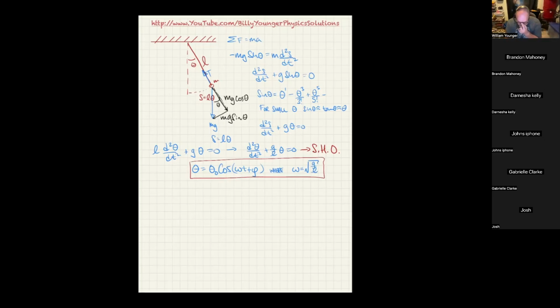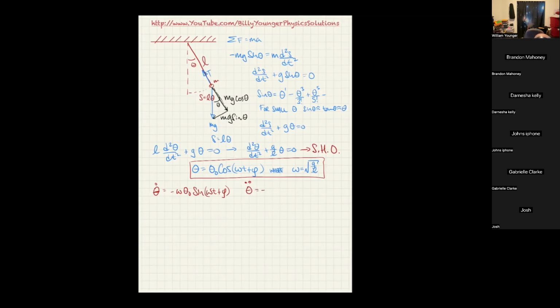Now, what did I actually do? Well, you could actually put in this solution theta equals theta 0 cosine of omega t plus phi, and what you get is theta dot is equal to negative omega theta 0 sine of omega t plus phi. And then you could say theta double dot. Again, these dots are Newton's representation of derivatives with respect to time. So when I say theta dot, I mean d theta dt. And when I say theta double dot, I mean d2 theta over dt squared.